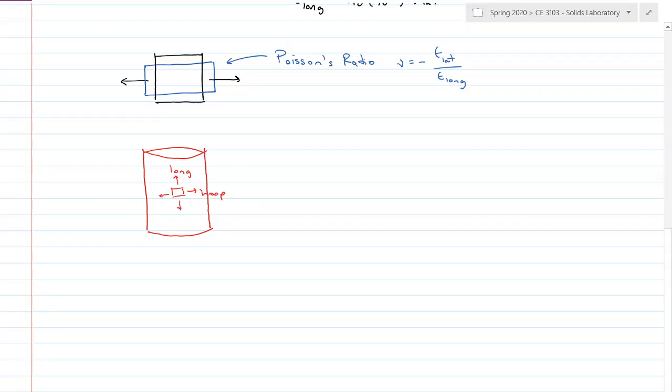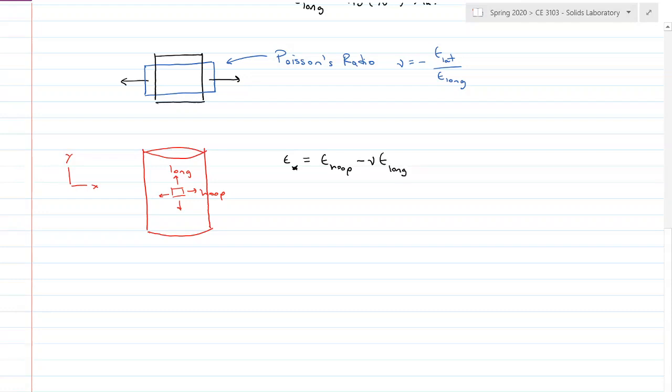And let's label axes here, X and Y. So strain in the X direction is going to equal E hoop minus Poisson's ratio times E long, right?